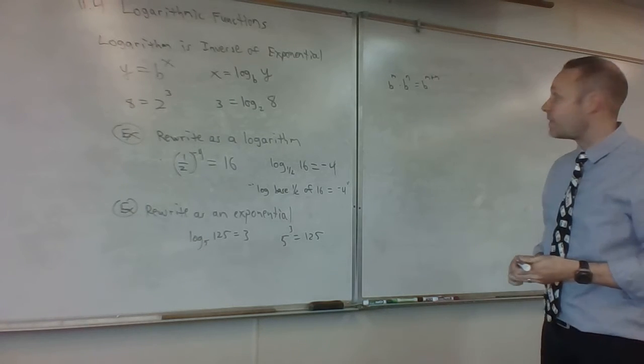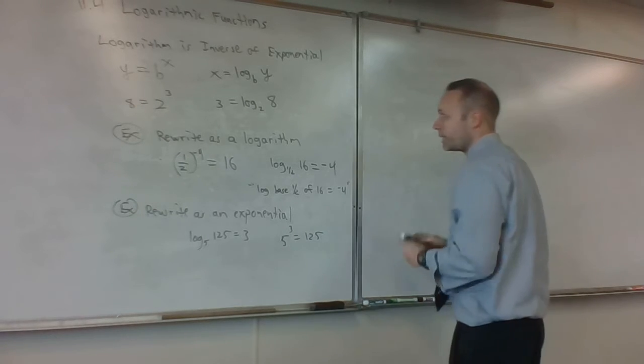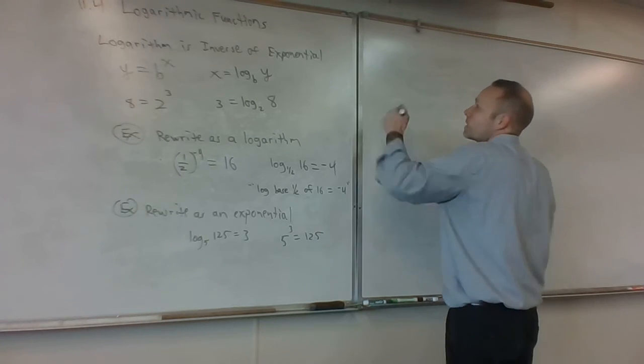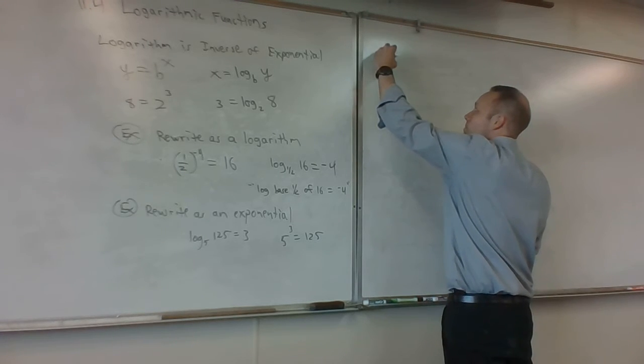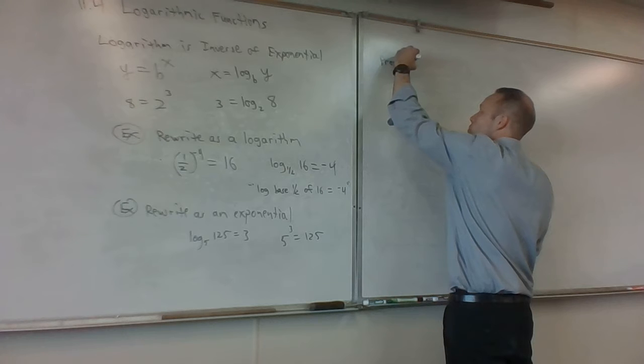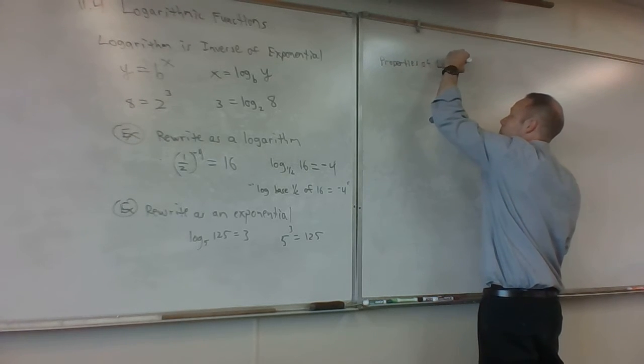We have stuff like that going on. I won't get into all of the whys and wherefores, but that gives you a little glimpse of why some of this will happen. So we have properties of logarithms.